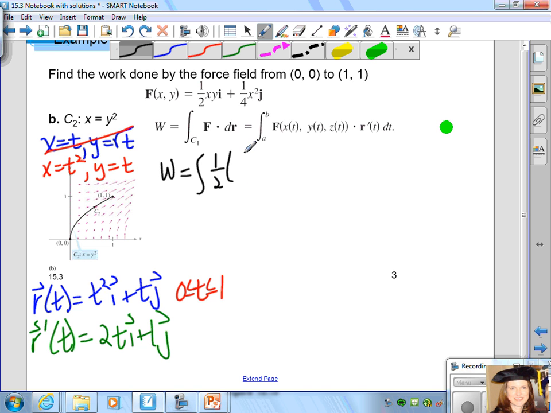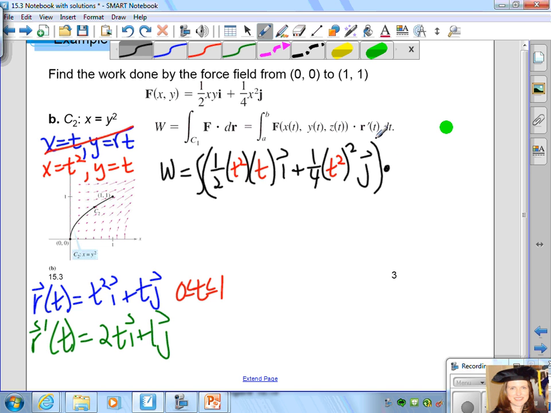I'm going to replace that x with t squared, and I'm going to replace that y with t, and that's your i, plus 1/4. Again, I'm replacing that x with t squared, j. Okay, so that's your entire F vector written in terms of t.